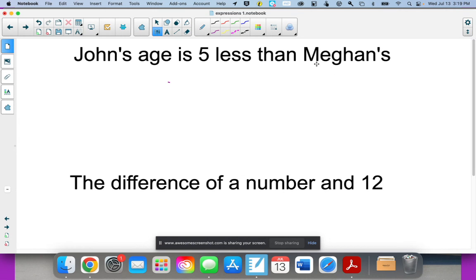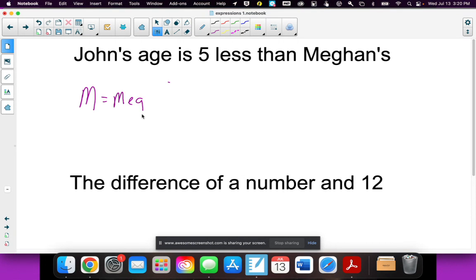So let's say we pick M for Megan. And I want an expression that shows that John's age is 5 less than Megan's, then you would say, okay, so John equals Megan minus 5 because he's 5 less.